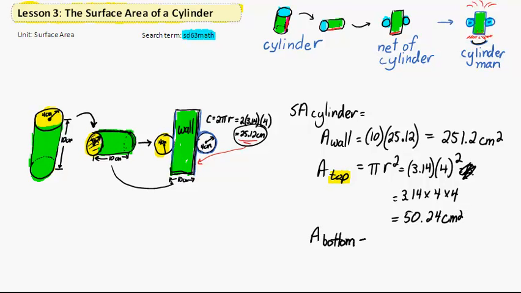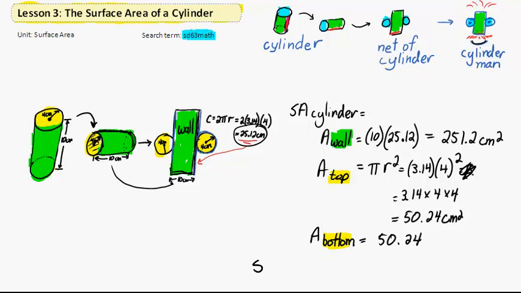The area of the bottom, well, we don't have to recalculate that. It's the same as the area of the top. It's also equal to 50.24. All we have to do is add the area of the wall to the top and bottom. So here we go.